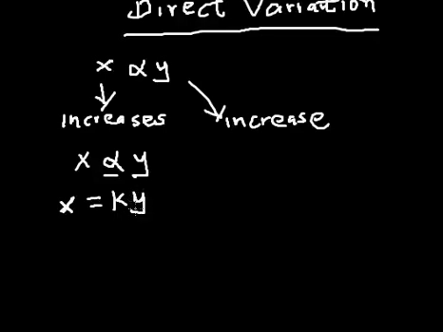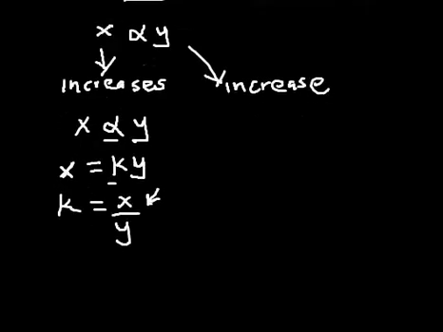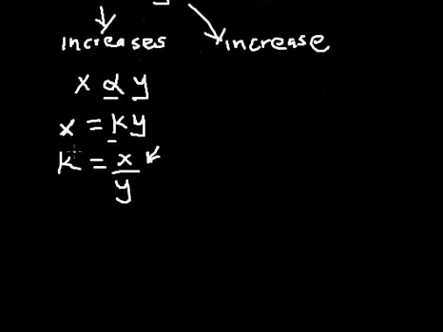So anytime you're asked to solve variation, the very first thing you need to find is that constant. The constant here is going to be x over y. Everything boils down to this, because the relationship of the two variables is dependent on the value of the constant. So the constant is the very first thing that one should get.